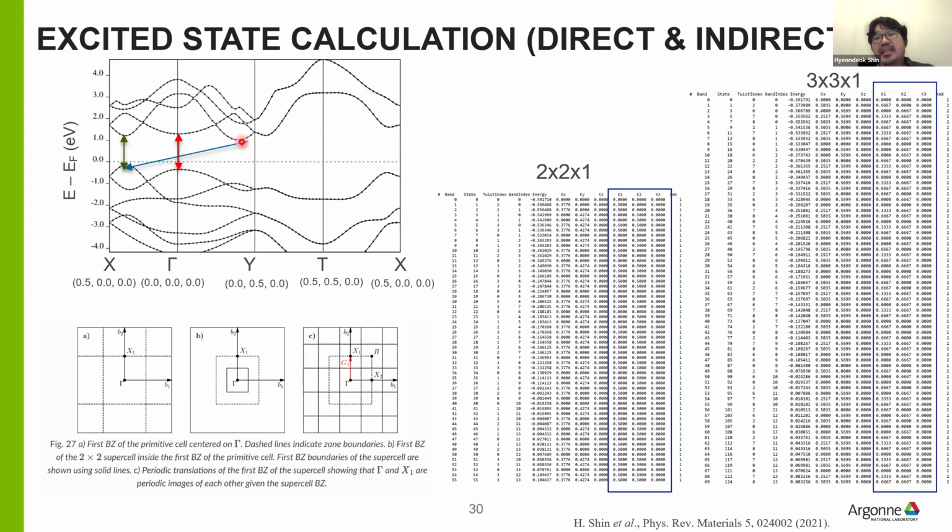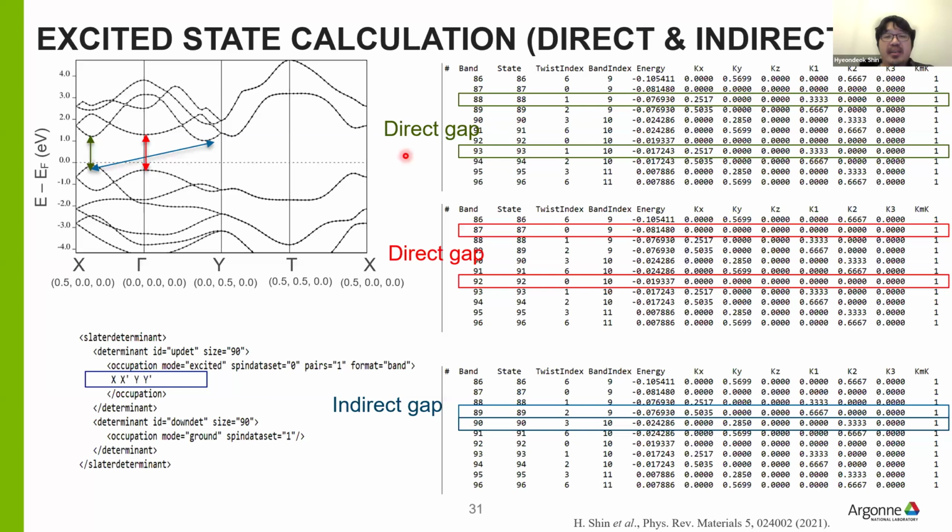So it means that at least we need to expand the supercell to 3 by 3 by 1 cells to include all k points to calculate the indirect gap. So here is the strategy to use the 3 by 3 by 1 supercell to calculate the two direct gaps and one indirect gap.